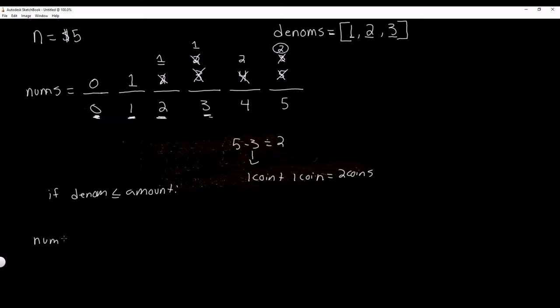So nums of amount, the current index that we are on in the current iteration, is equal to the minimum of the current index that we are on, so nums of amount, or 1 plus nums of amount minus denom.